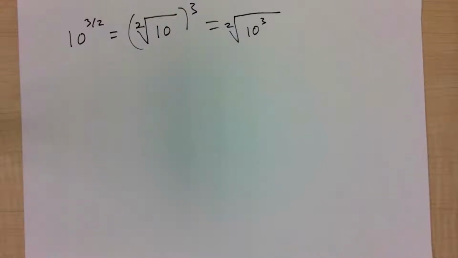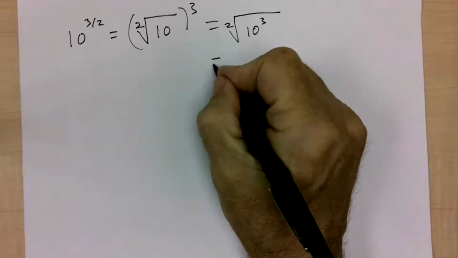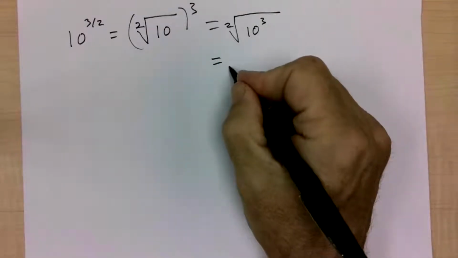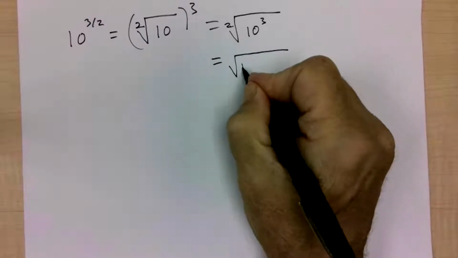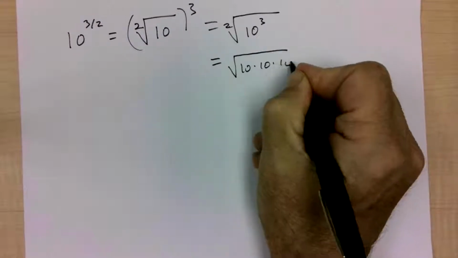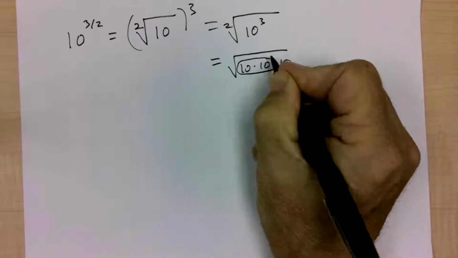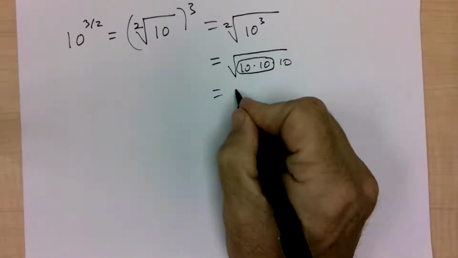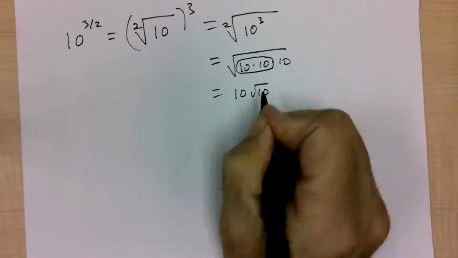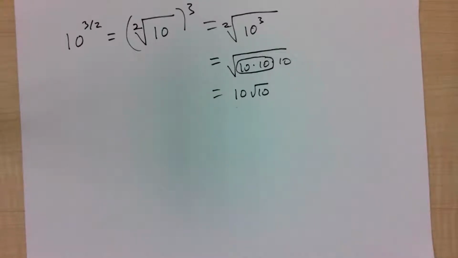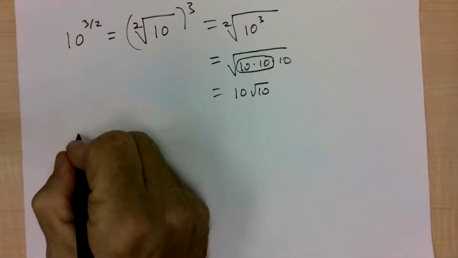That's what it means. We could simplify it. I don't need to write the 2. The 2 is understood. Square root of 10 times 10 times 10. Square root of 10 times 10 is 10. Square root of 10.